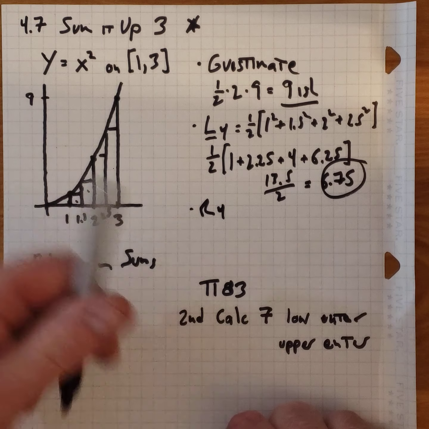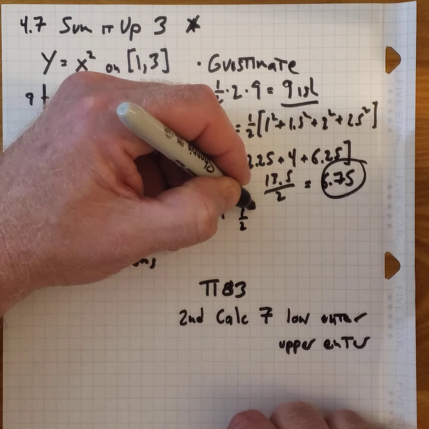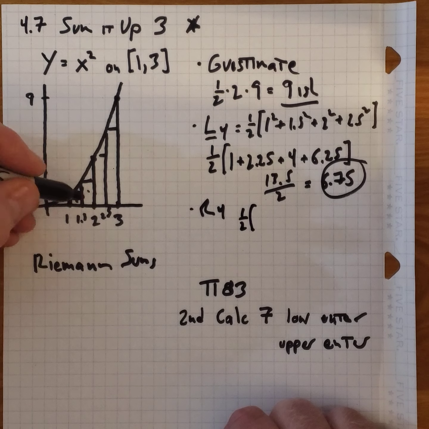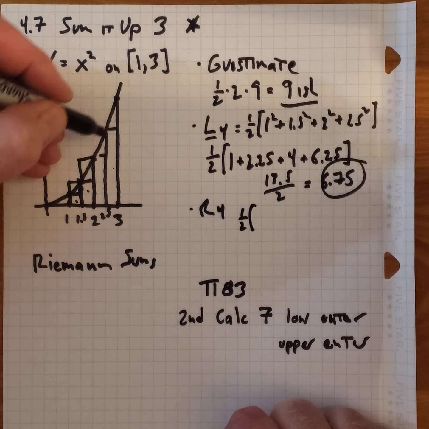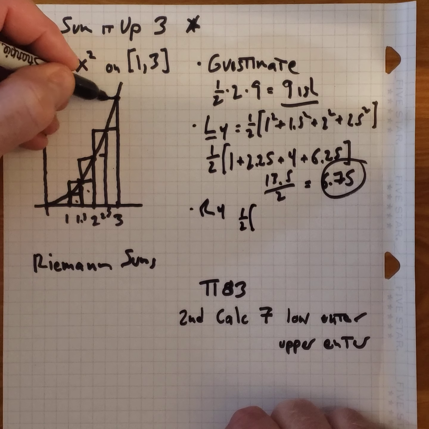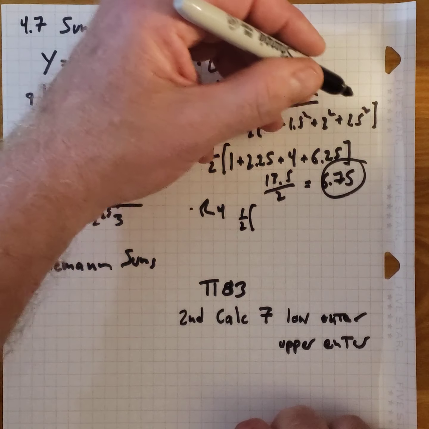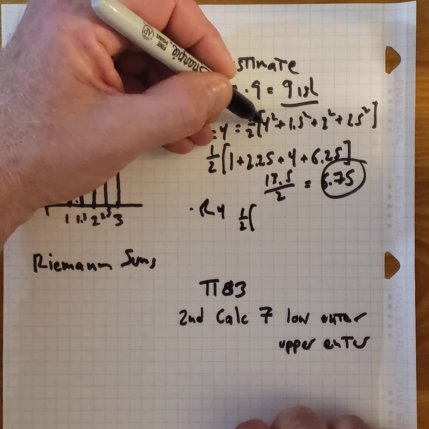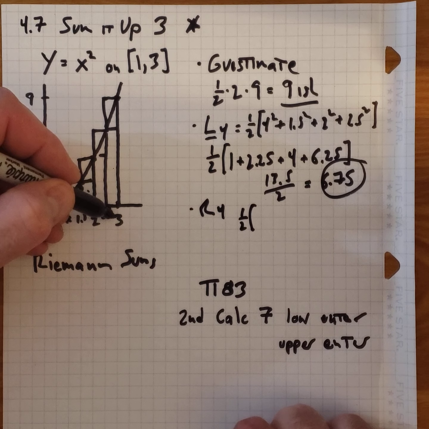Now, if we do R4, we can save a little bit of time here. We don't need to redo a lot of this work. If we use the right endpoints, we're going to need the value of the function at 1.5, 2, 2.5, and then at 3. Those are going to be the same numbers as these, except we're going to lose the first one, because we're not going to be using this as an endpoint, and we're going to pick up the other end.